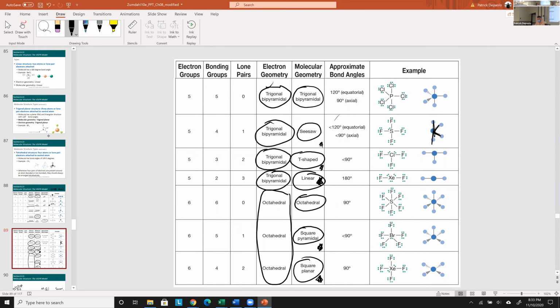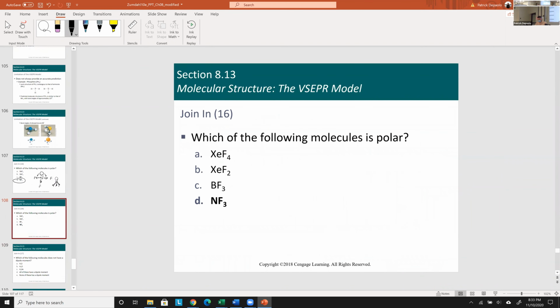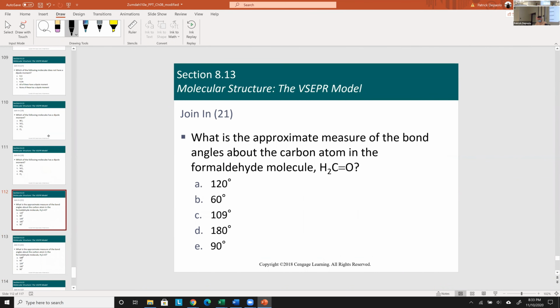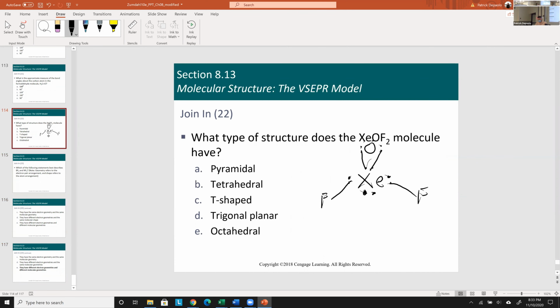So we know it's trigonal bipyramidal based on electron geometry, because you have 1 lone pair, 2 lone pairs, then the third electron group, fourth, fifth.